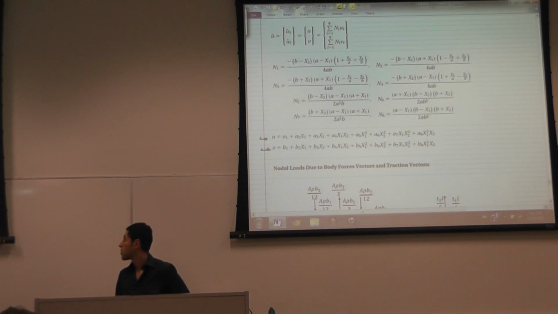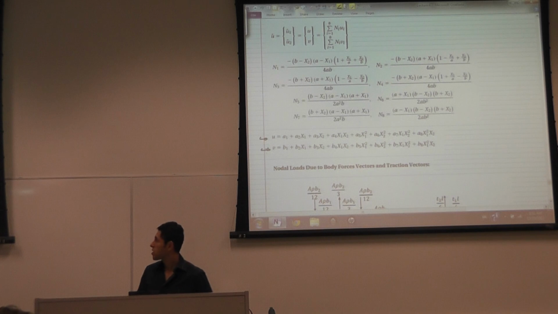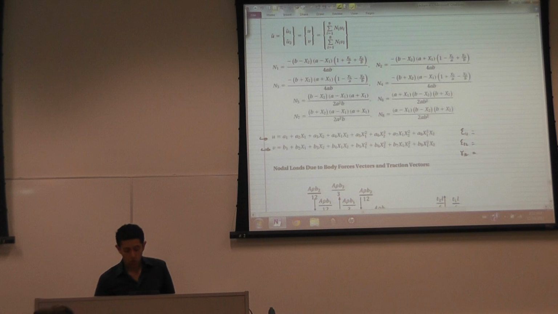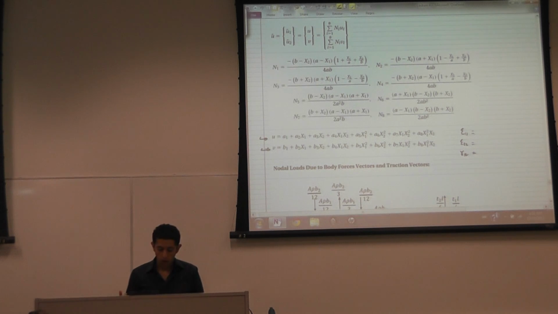You can see they have many terms, and if you calculate epsilon 1, epsilon 2, and gamma on 2, you can find that you can model many forms of strains, constant strains, linear strains in both directions. And these are the generalized degrees of freedom.